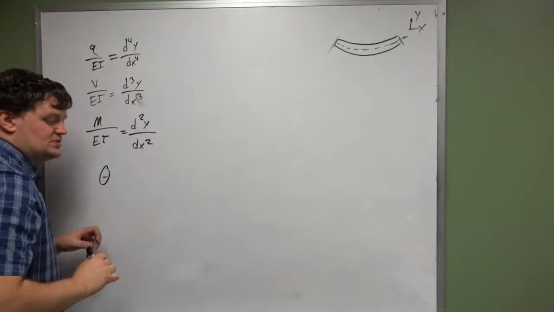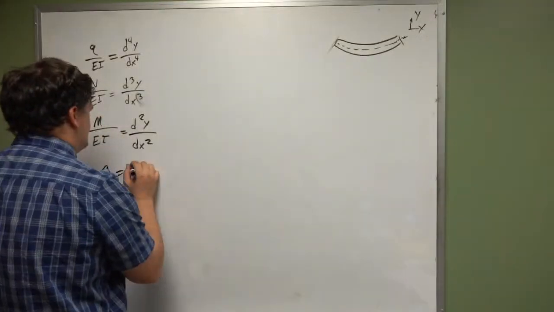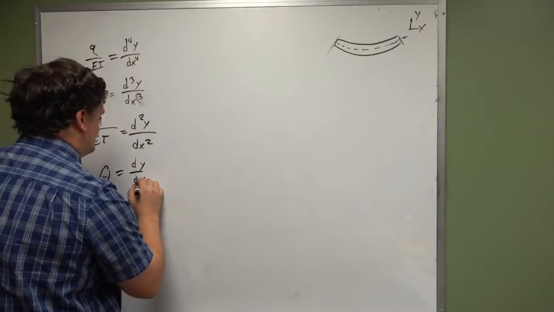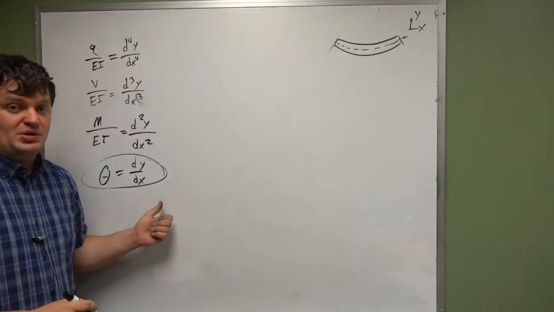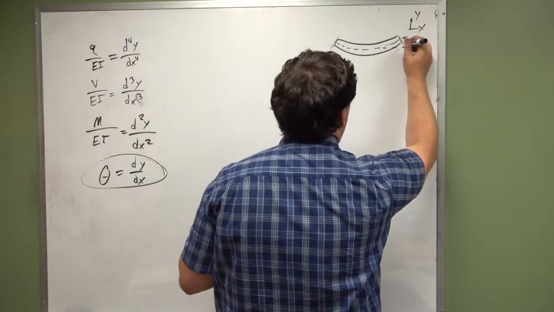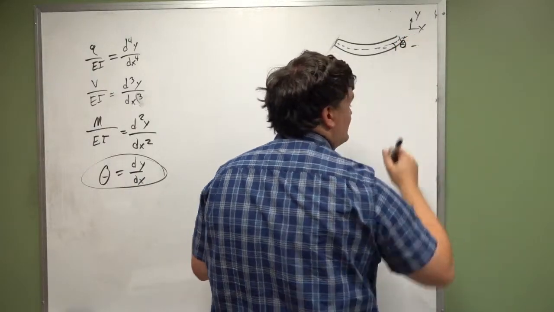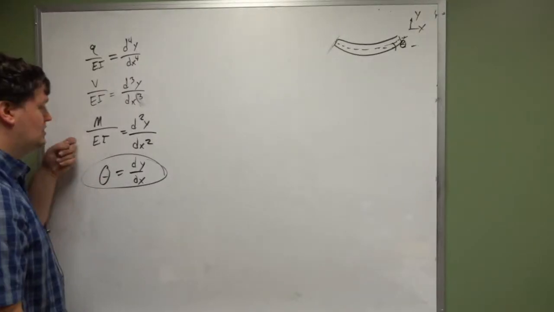And this is equal to what's now, we're changing this up, and this is now theta is equal to dy/dx. Now, what that means is theta is equal to the slope of that beam. And so if I want to know what the slope of this beam is, right here, that angle is theta. And that is an integral of this.